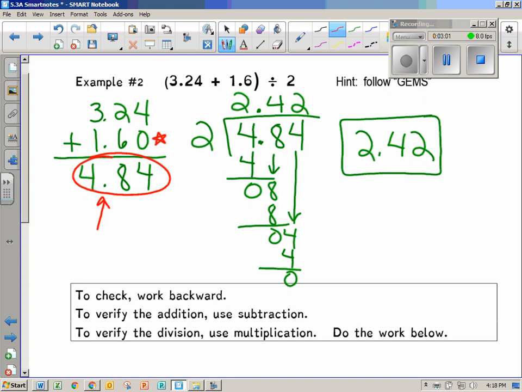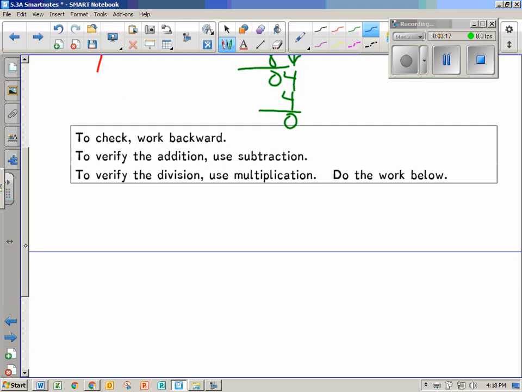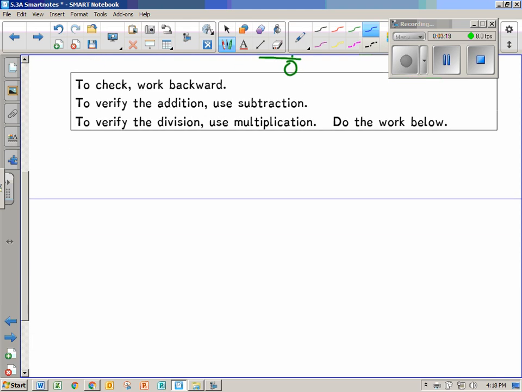On the division, to check, of course, your divisor and your quotient should multiply together to give you your dividend. So that's what we're going to do below, is check ourselves on that work. We're working backward. In fact, I would suggest you do it and then come back to the video and let's compare.